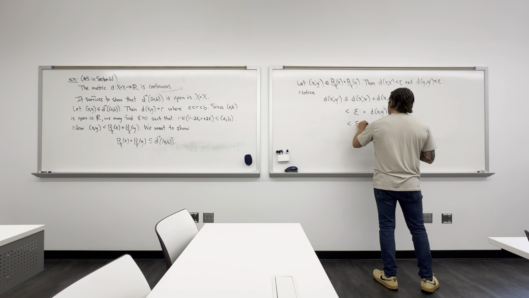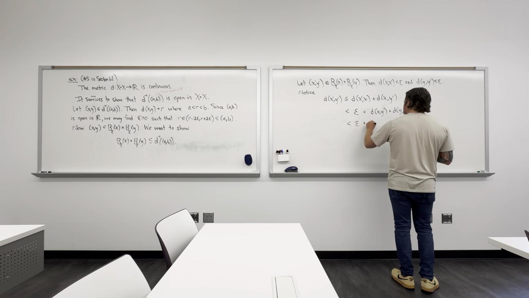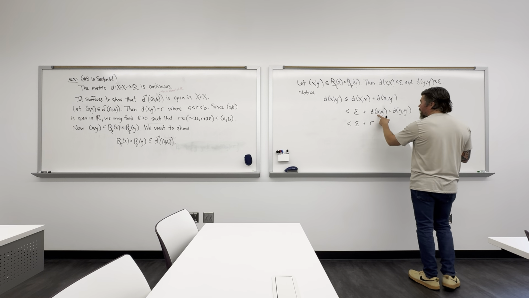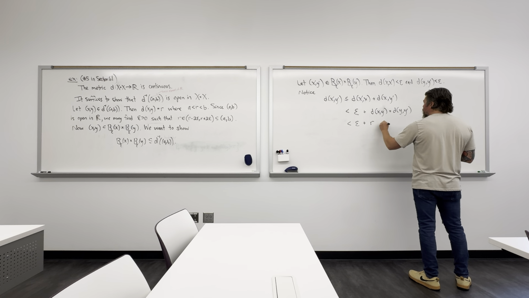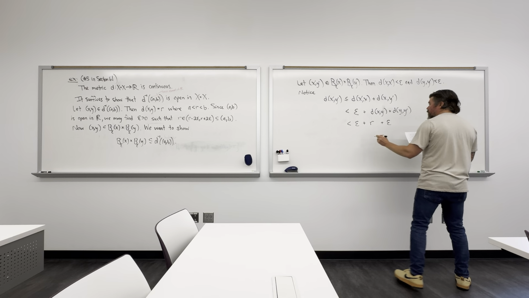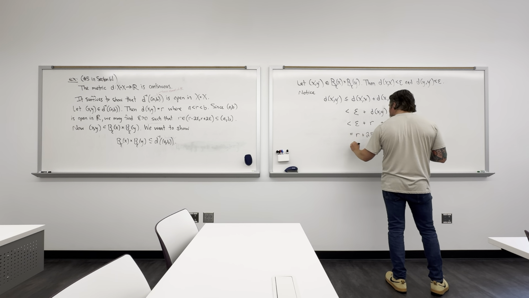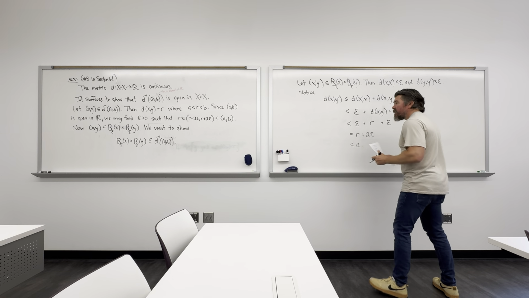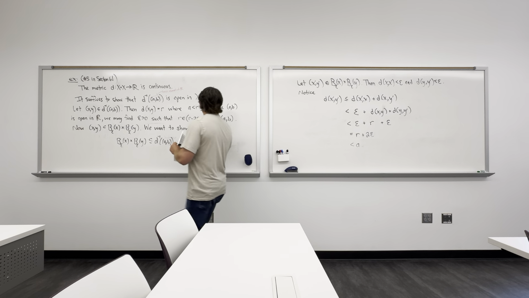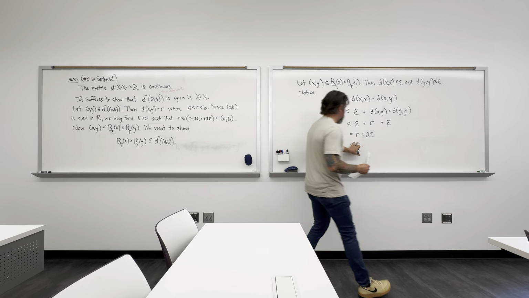This is less than epsilon plus r. Remember the distance of x and y was r, and so we get r plus 2 epsilon, which notice is less than a. Or sorry, b.